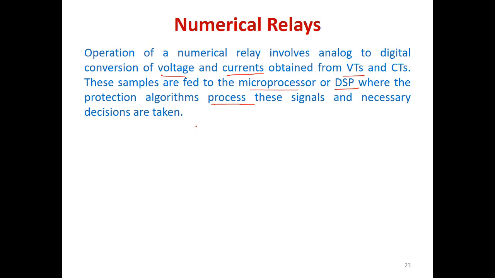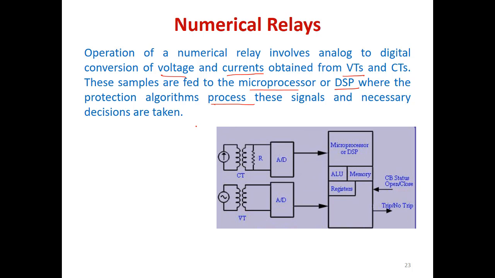So this is basically a microprocessor. It is equipped with a microprocessor or a DSP kit, where the digital signals are fed after digitalizing, after the samples are taken from the current and voltage transformers.